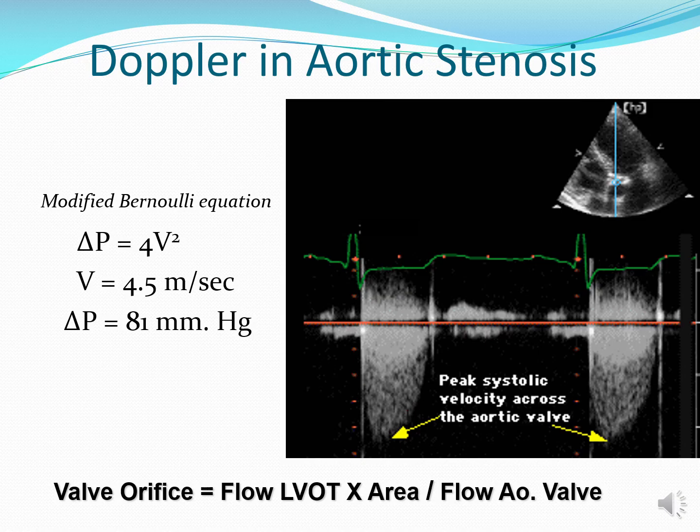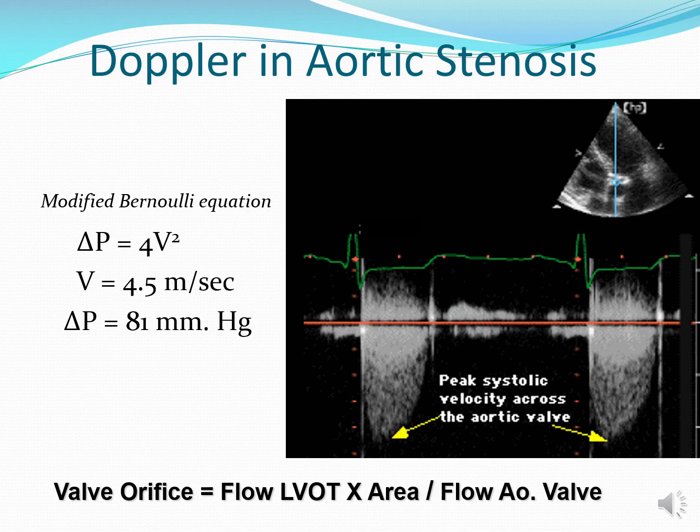So, how do we do it by Doppler? The machine measures the velocity of the red blood cells emerging from the narrow orifice, and there's a modification of the Bernoulli equation, which you probably remember from your physics, which says that the delta P, or the pressure gradient, is 4 times the square of the velocity.